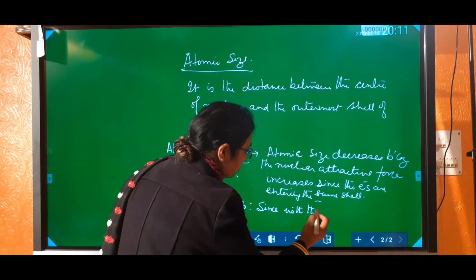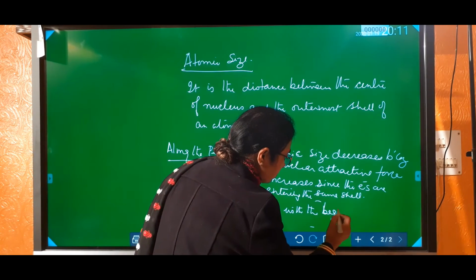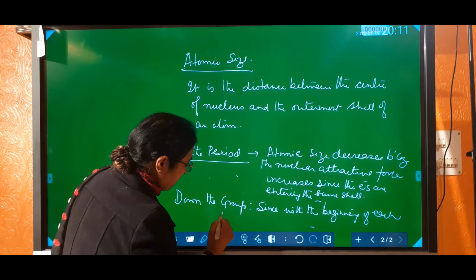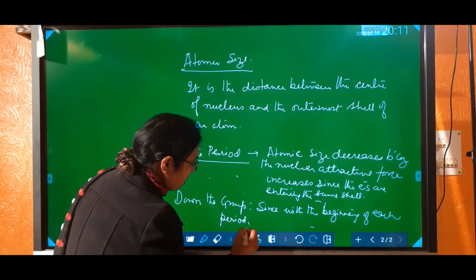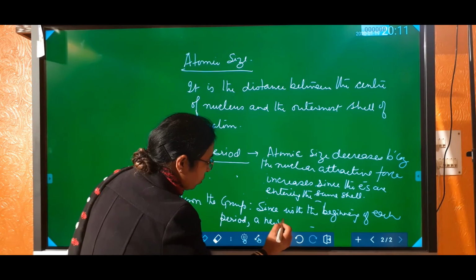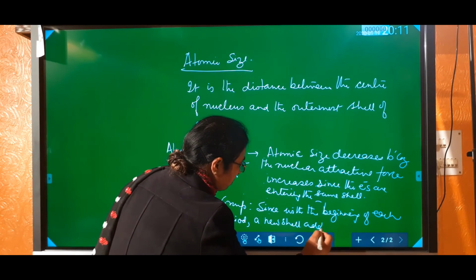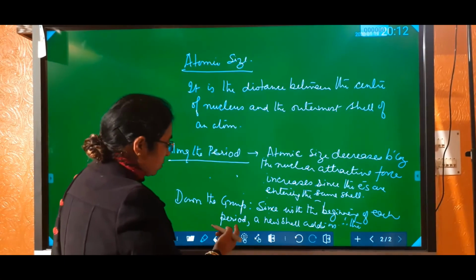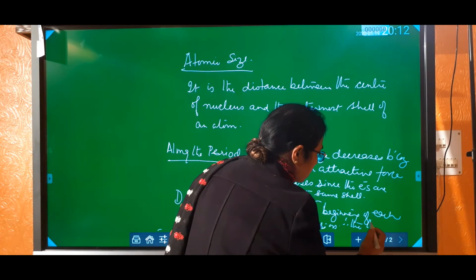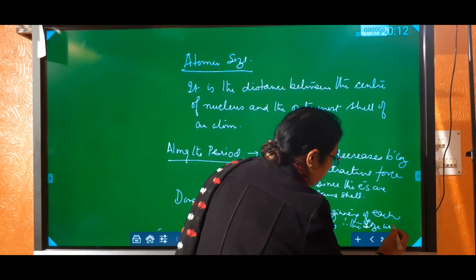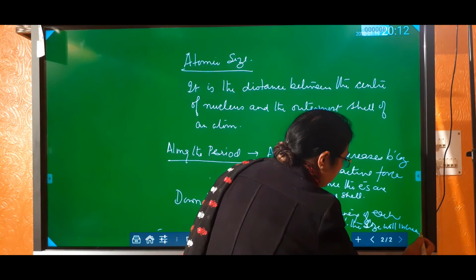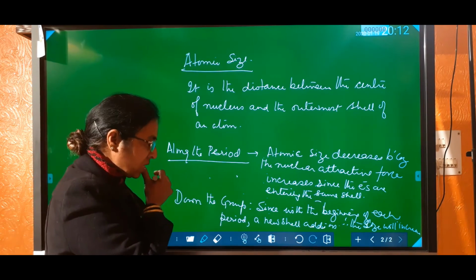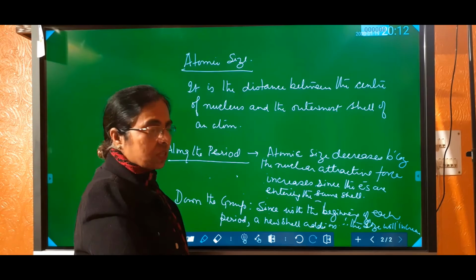With the beginning of each period, a new shell adds on. Therefore, the size will increase. So along the period, atomic size decreases, and down the group, the atomic size increases.